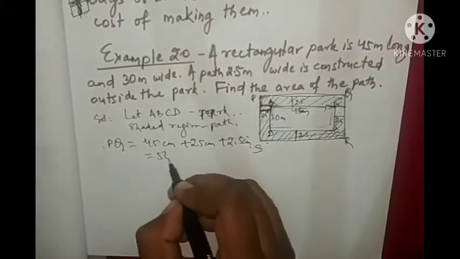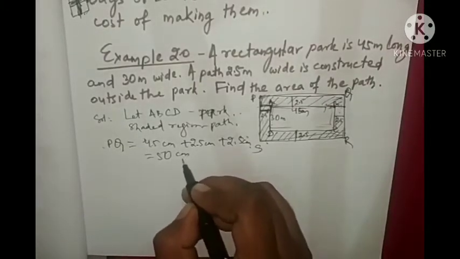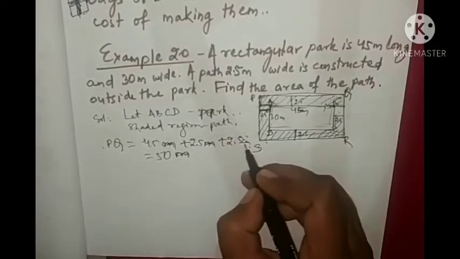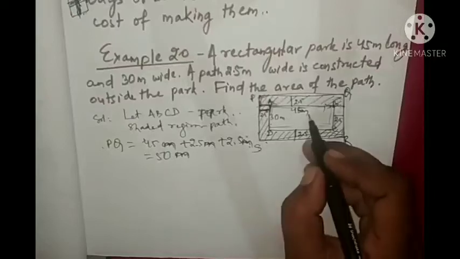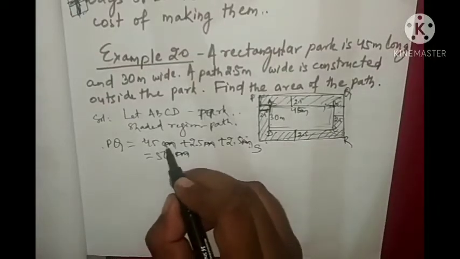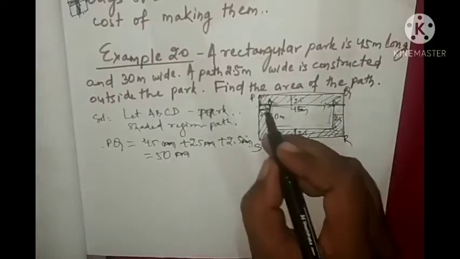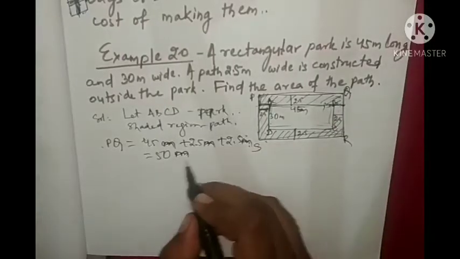How much did you get? You got 50 meter. Sorry, not centimeter, meter, I am always confused. So PQ is 50 meter.